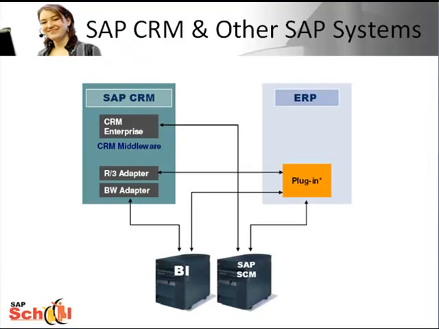On the ERP side, corresponding to the R3 adapter, there is a plugin that needs to be installed so that ERP can communicate with CRM. And for communicating with BI, which is business intelligence, or BW, business warehouse, there is another adapter within the CRM system.